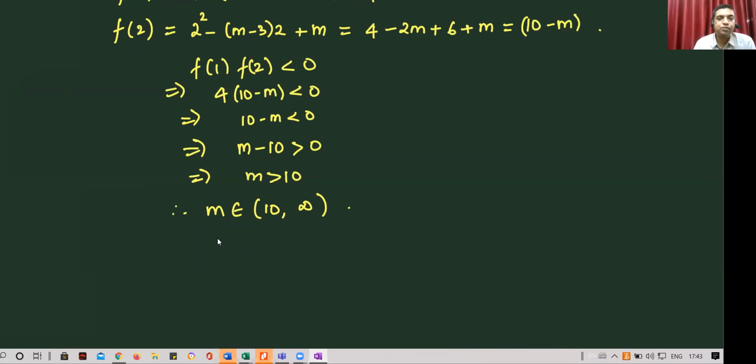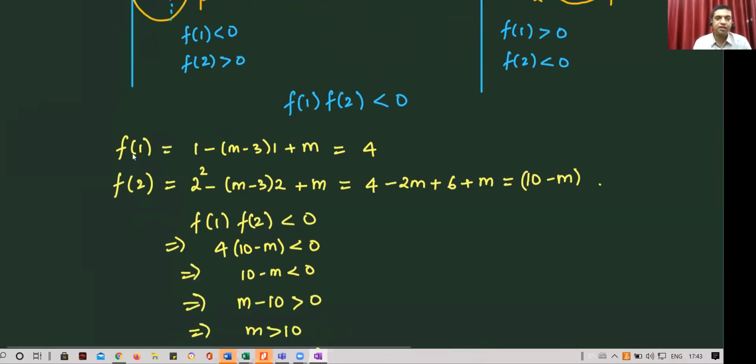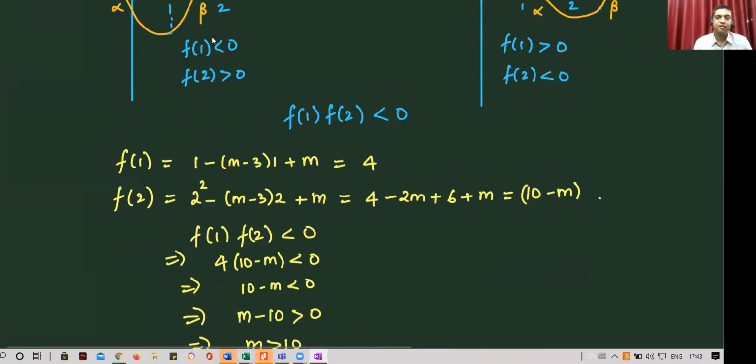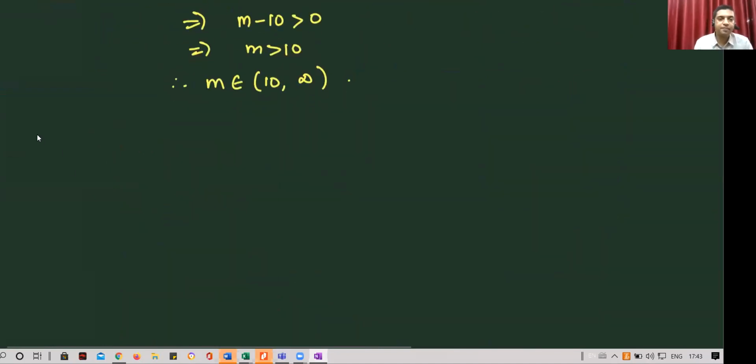Now, what if same conditions, everything same, if both roots lie in the interval 1 comma 2?